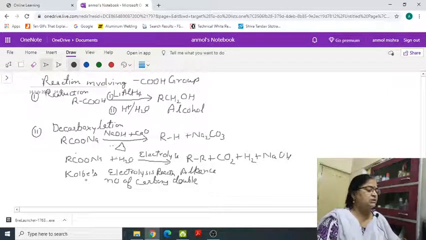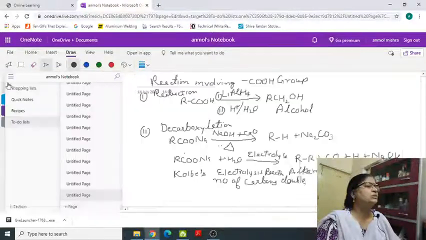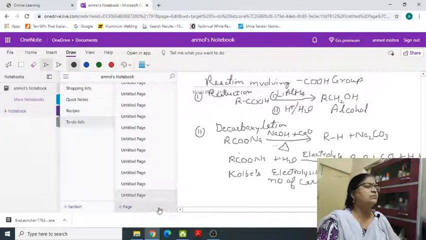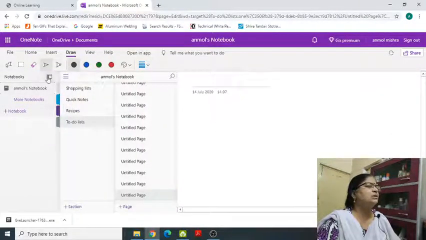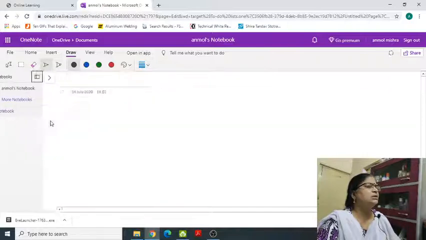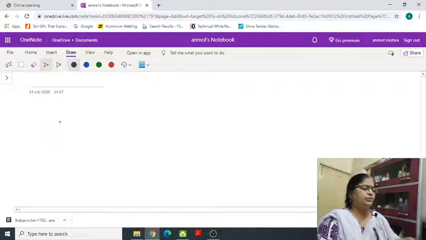Next is substitution reaction in the hydrocarbon part.